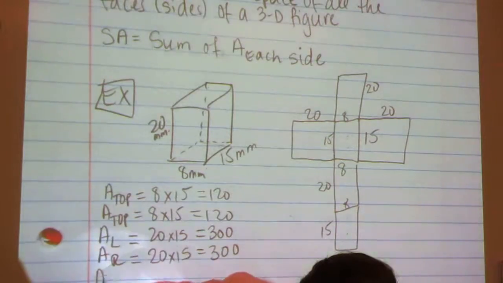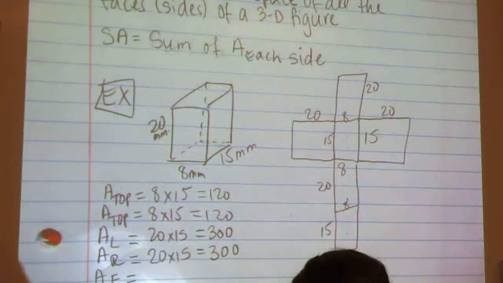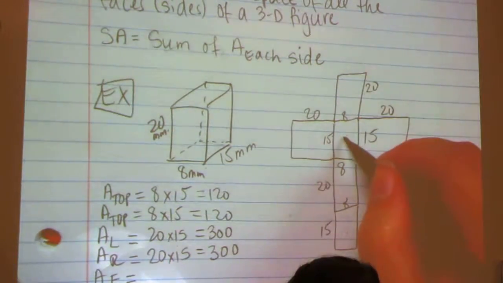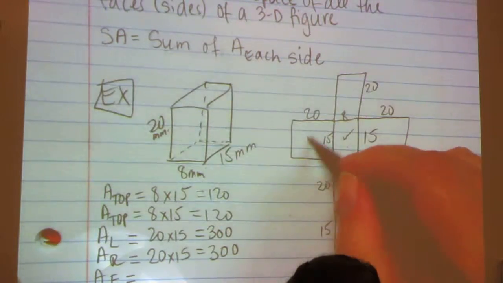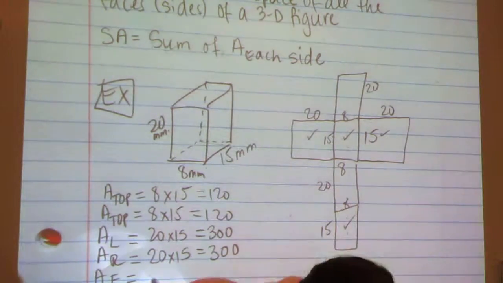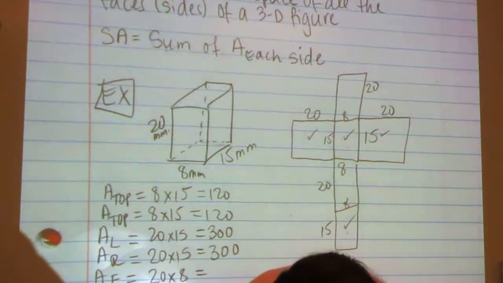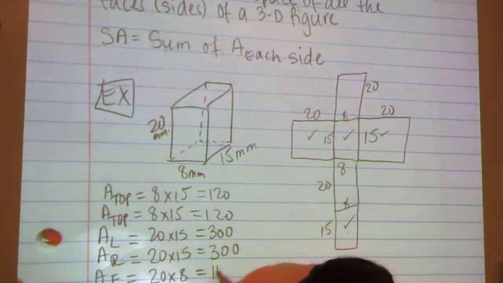And then I want the area of the front and the area of the back. They're the only ones I haven't used yet. I've used this one and this one, and this one. I now have left the 20 by the 8. And 20 times 8 is 160.